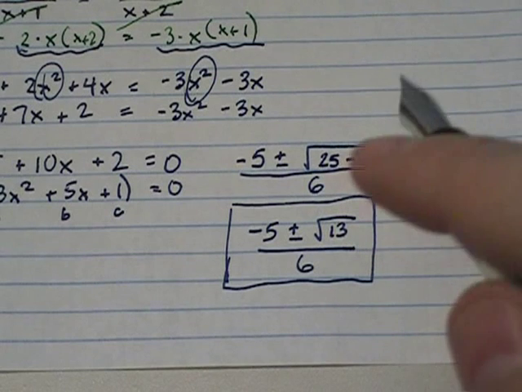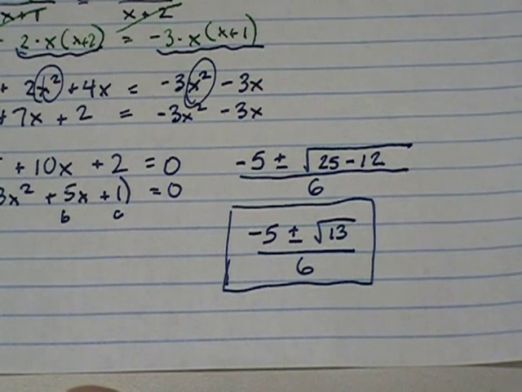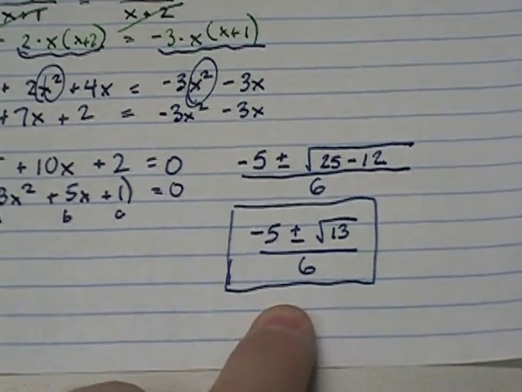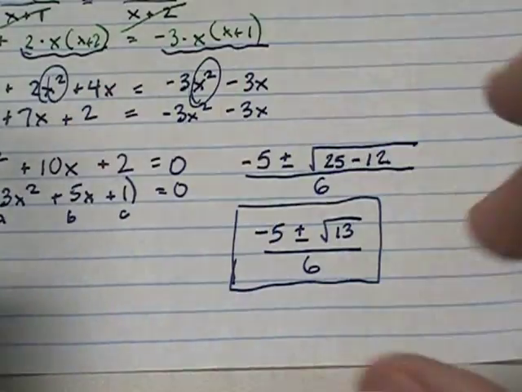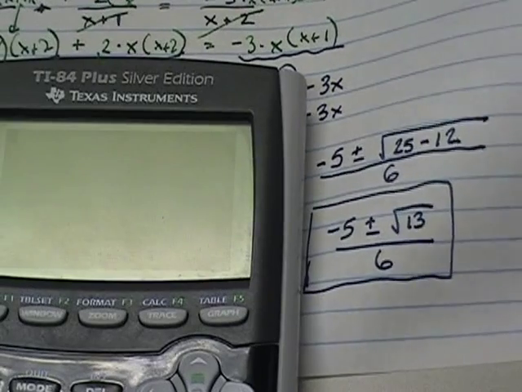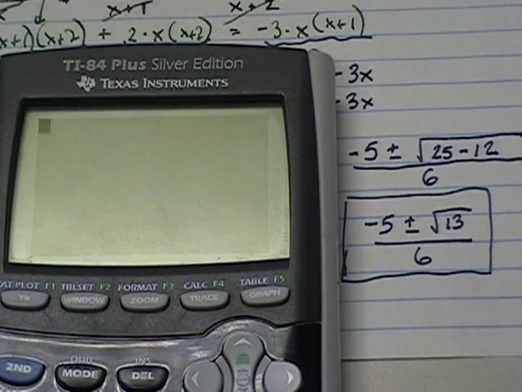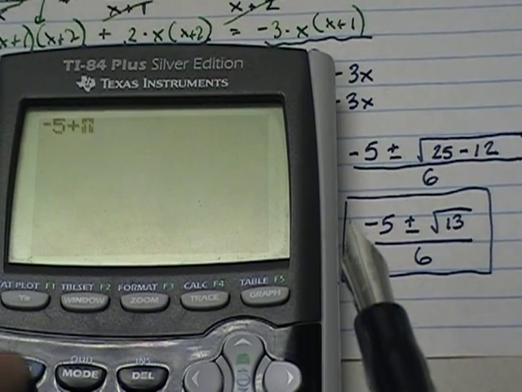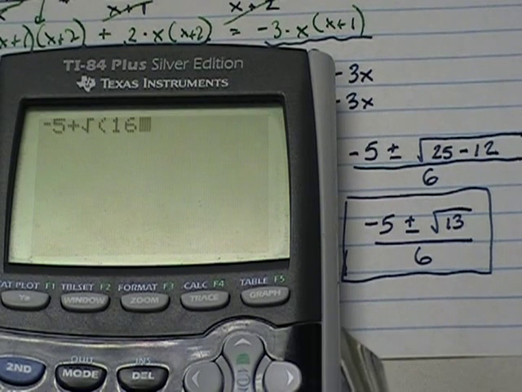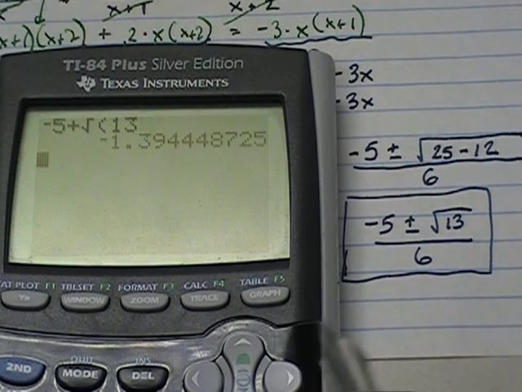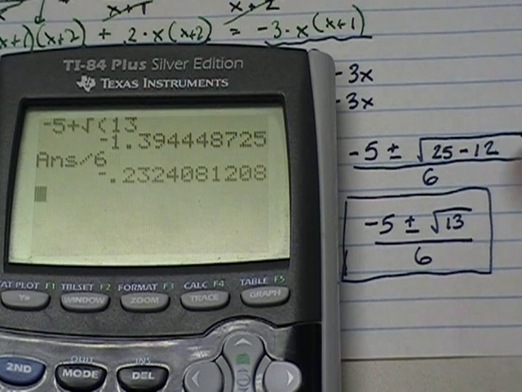How do we check that answer? Well, the first thing we need to do is to find out the decimal equivalent to these two numbers. So I take my calculator and I type negative 5 plus the square root of 13. I always like to just hit enter and then divide by 6.